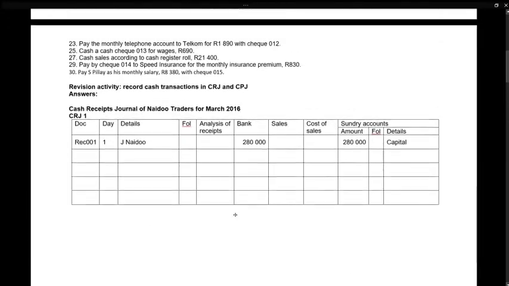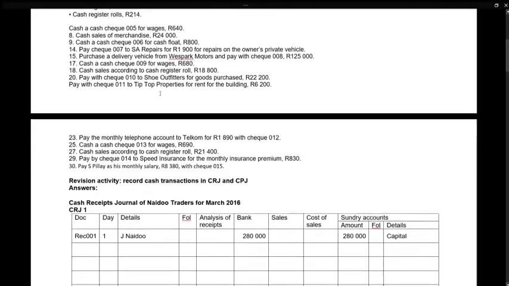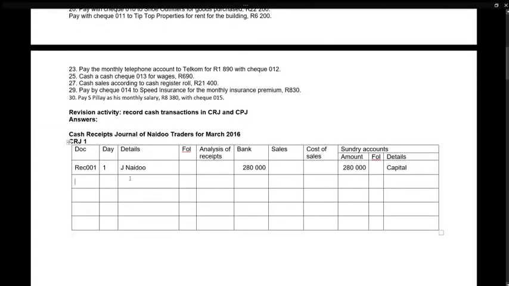Next transaction took place on the 8th. Cash sales of merchandise, 24,000 Rand. So we received money, and this will be recorded in our cash received journal. Cash register roll. This took place on the 8th.